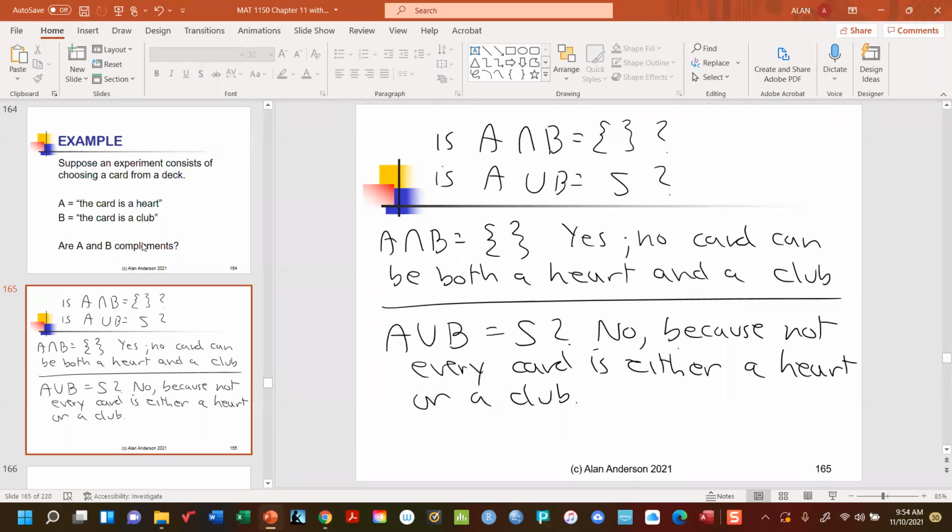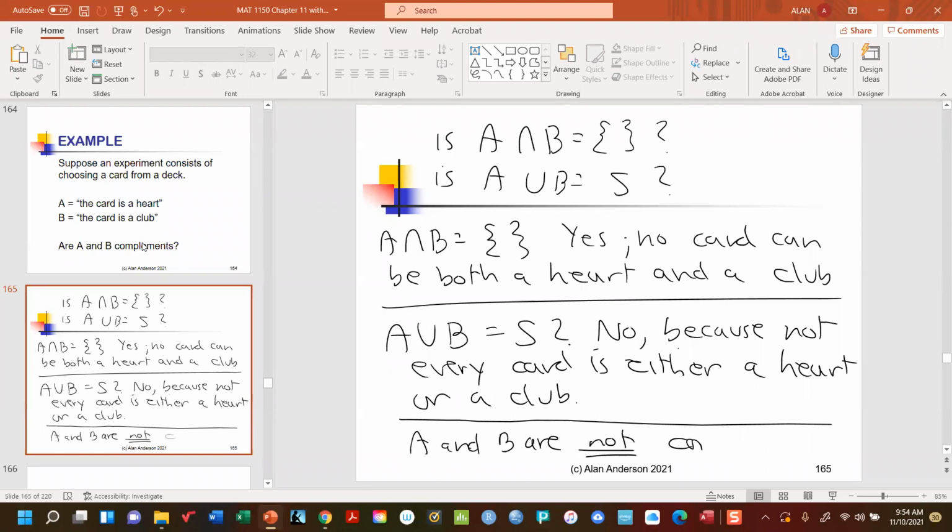So that means that A and B in this case are not complements, because their union does not represent the entire sample space. In other words, when I combine those two sets of cards, I do not have the full deck. And therefore, these are not complements. So I cannot use the complement rule on them.